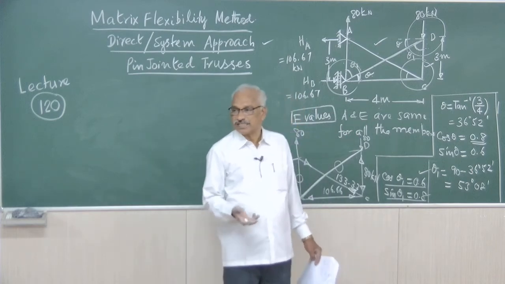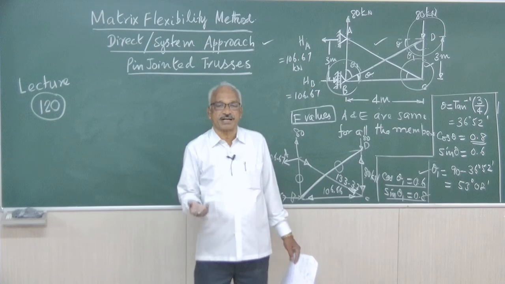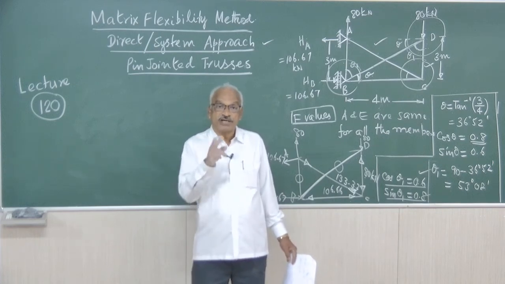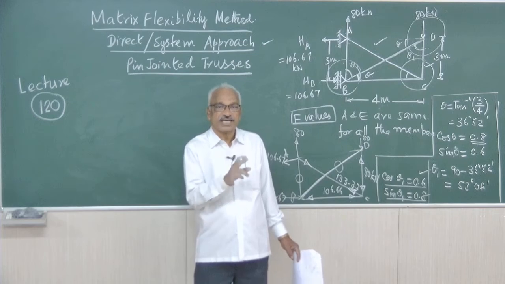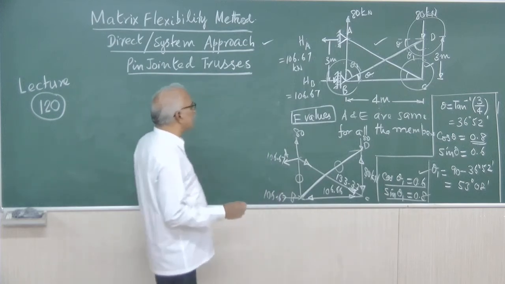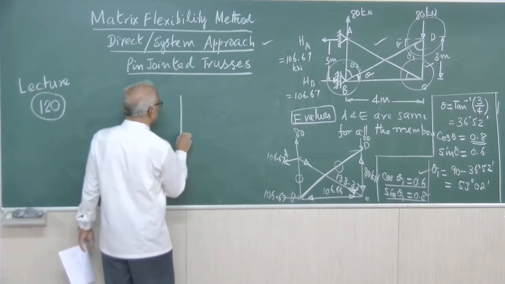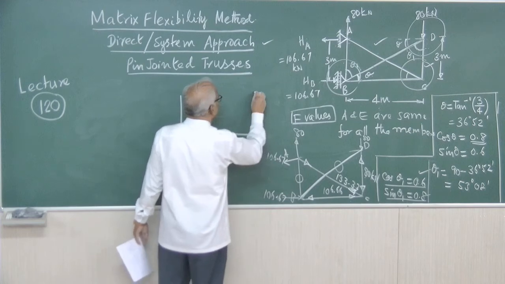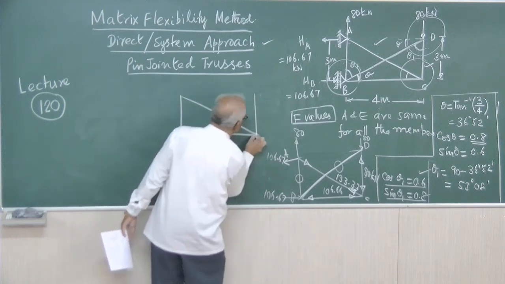Next, we have to get the flexibility matrix. For getting the flexibility matrix, we have to apply unit value of redundant, A into F naught. So, A is due to unit force along the redundant. Therefore, what we have to do is, this is the truss. Now, forget about the external force.